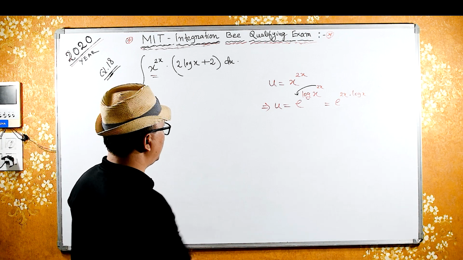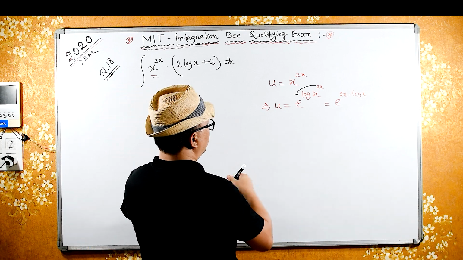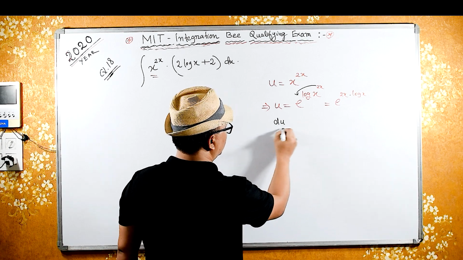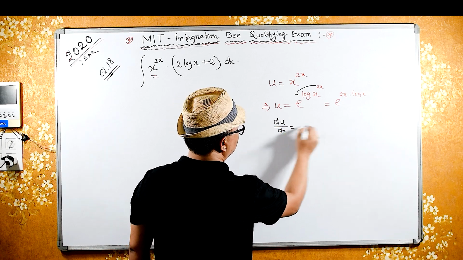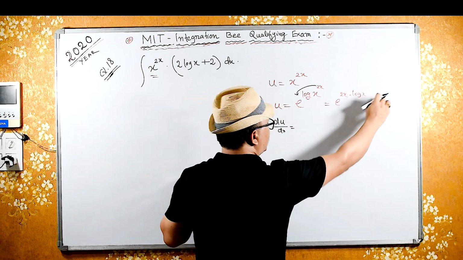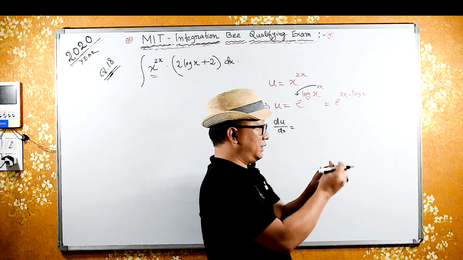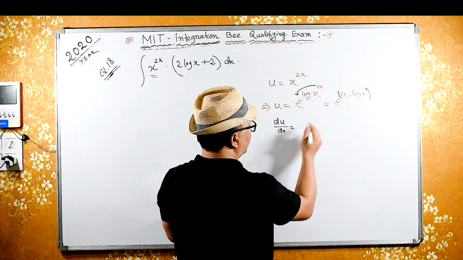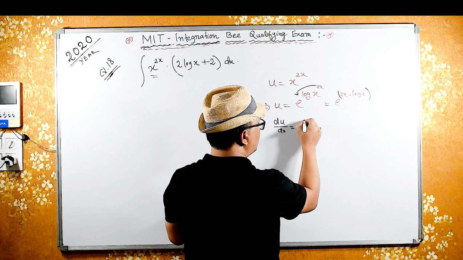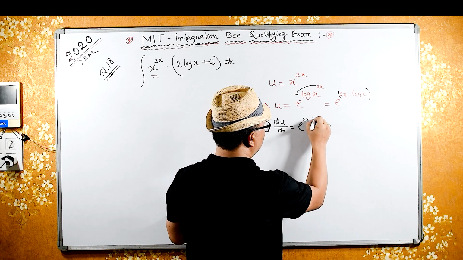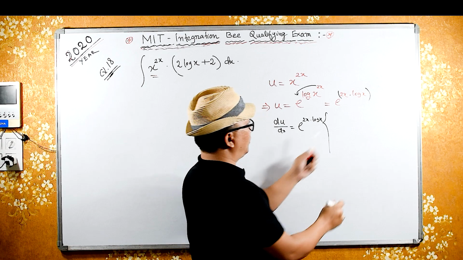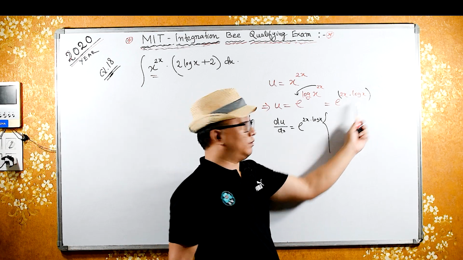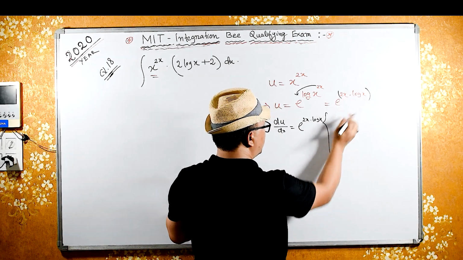Now let's differentiate. Therefore du upon dx is e raised to 2x log x, whatever you have, into the derivative of 2x into log x. Again over here you have to differentiate with respect to x by applying the u into v rule. Let's consider twice x as u.